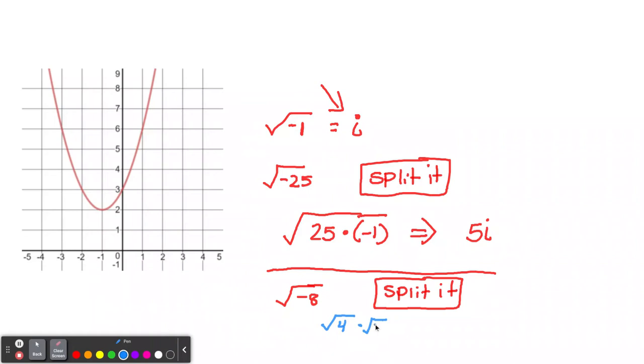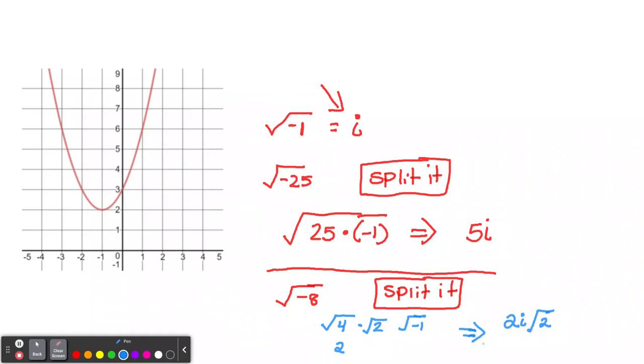That gives us 8. But we also need the square root of negative 1. And the square root of 4 we know is 2. So we have that, but we can't simplify the square root of 2. That's irrational in itself. So let's put a little arrow here. So what we're left with is we have 2, and the square root of negative 1 we said is I, and we have the square root of 2, which we couldn't break down.